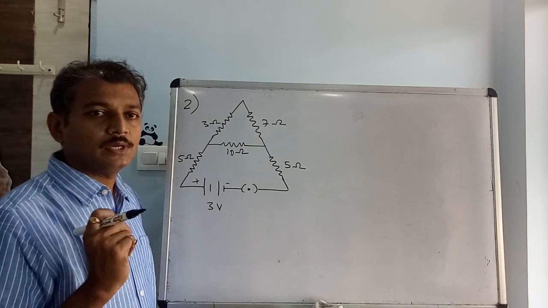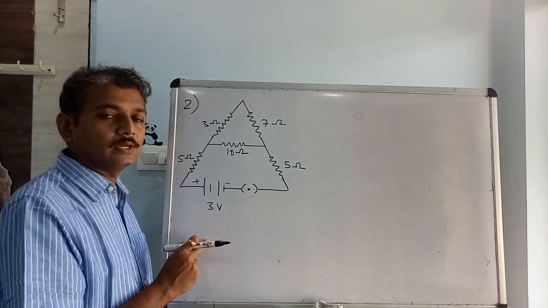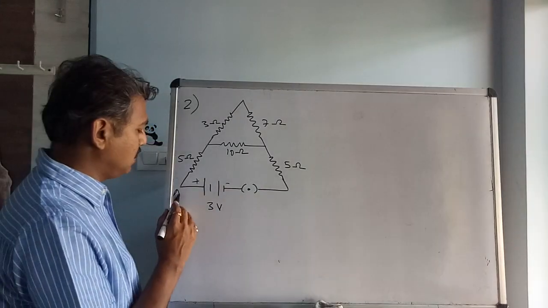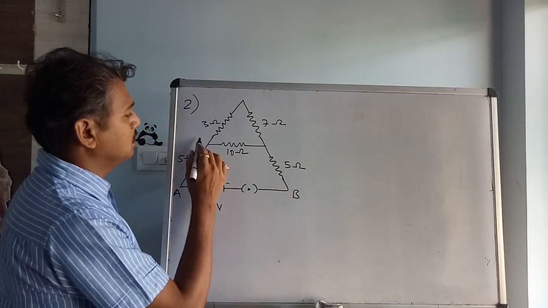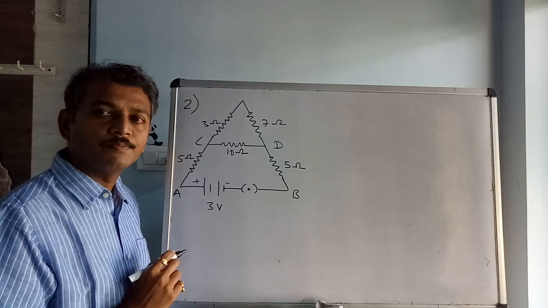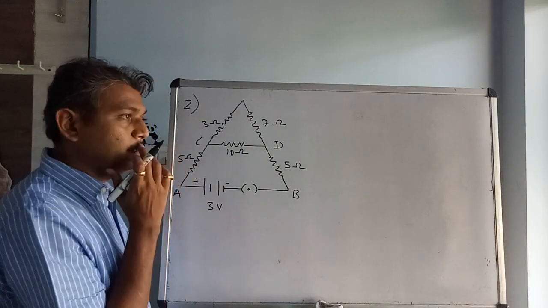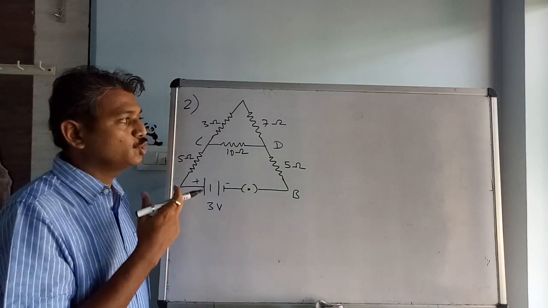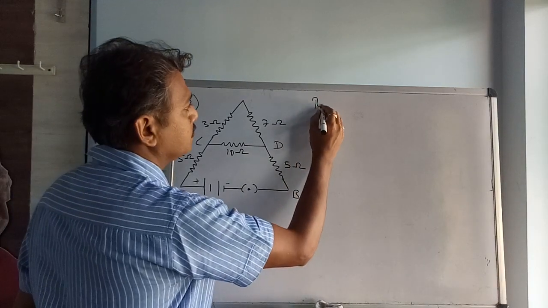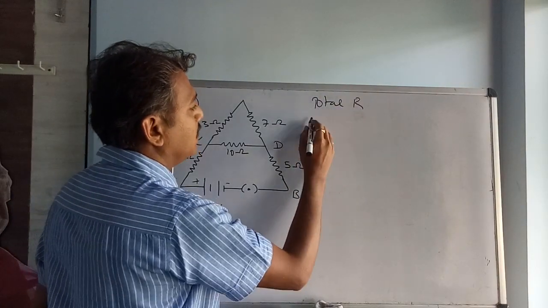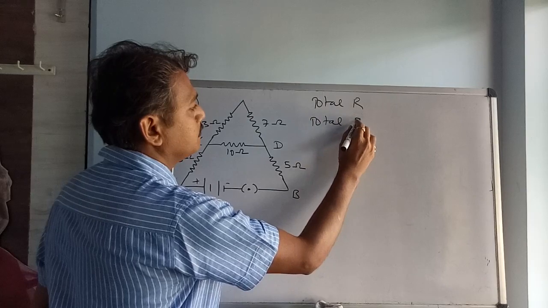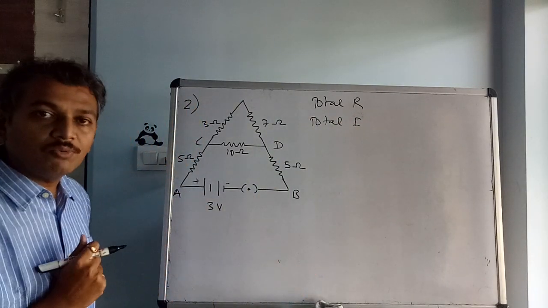Now with the second numerical, you can see this circuit diagram where you can name the points A, B, C, D. In this way you are asked to calculate the total resistance and then the total current. So how will you go with this?